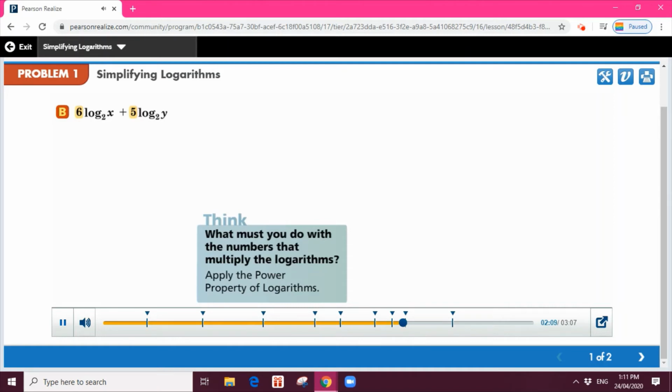Apply the power property of logarithms. Use the power property of logarithms to rewrite the expression.